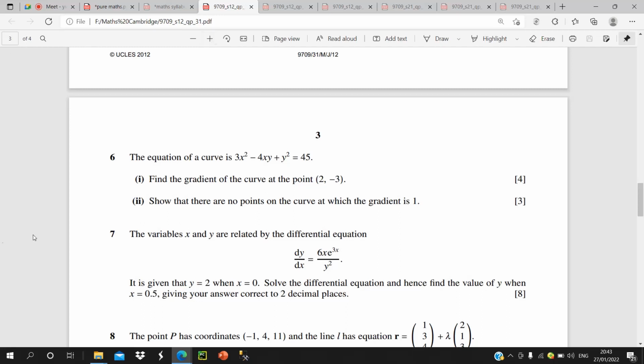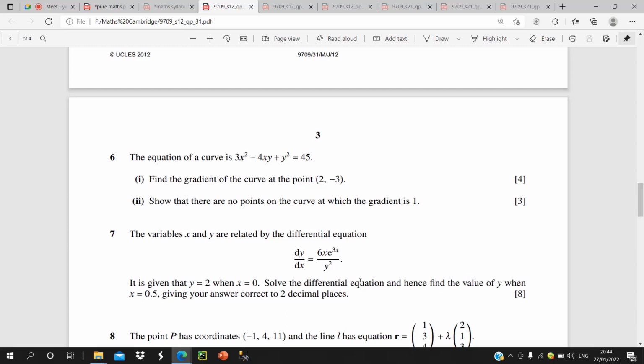So here it's number 7. Let me take the screenshot, then I will send you. Here it's number 7. As you can see, you are given this differential equation, right? Yes. Then it is also given that y equals 2 when x equals 0. Now these are the initial conditions, right? Yes.